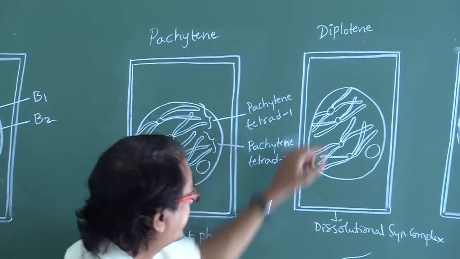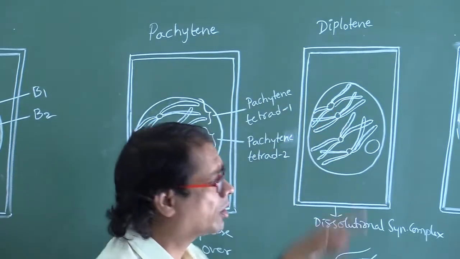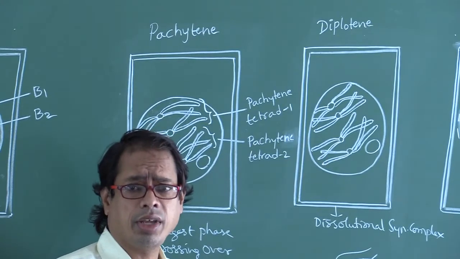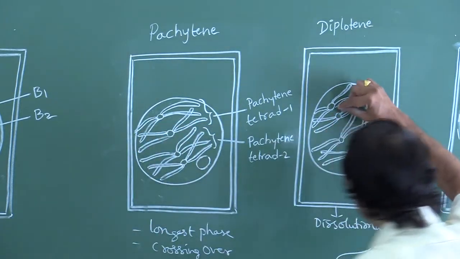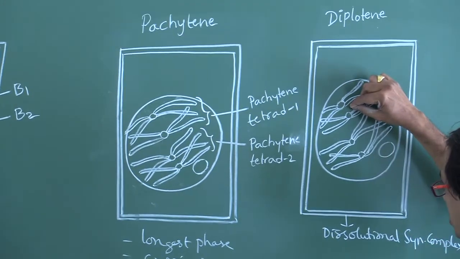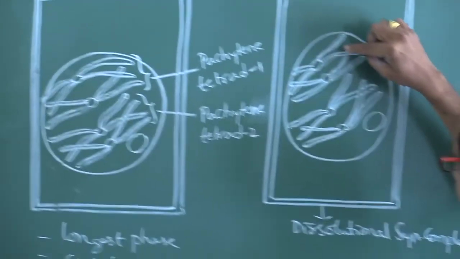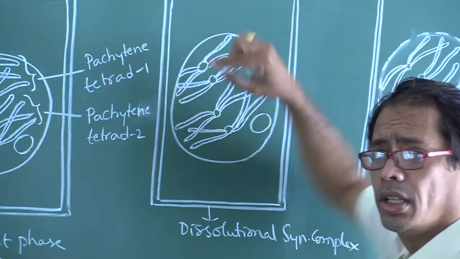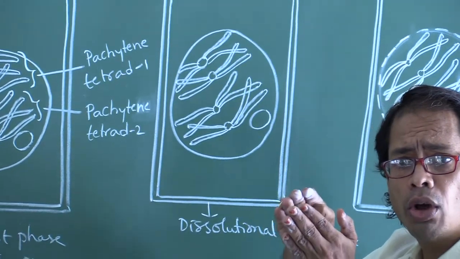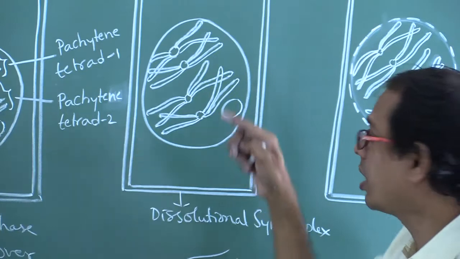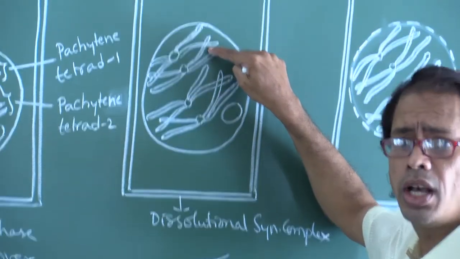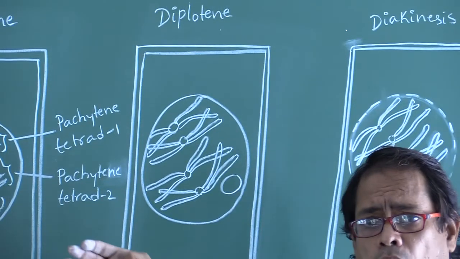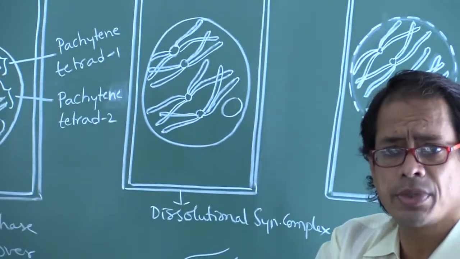Next one, whenever the synaptonemal complex degenerates, the homologous chromosomes tend to separate from each other except at the site of crossing over. When 2 homologous chromosomes get together, it means synapsis.